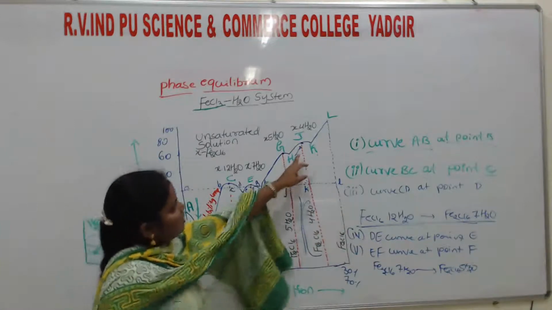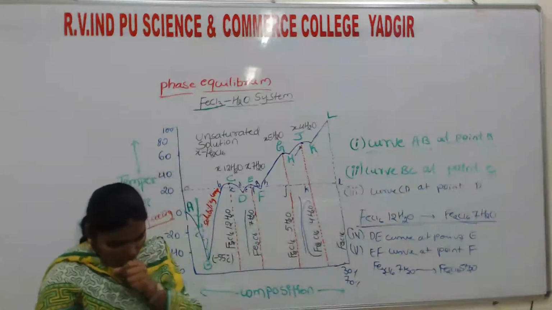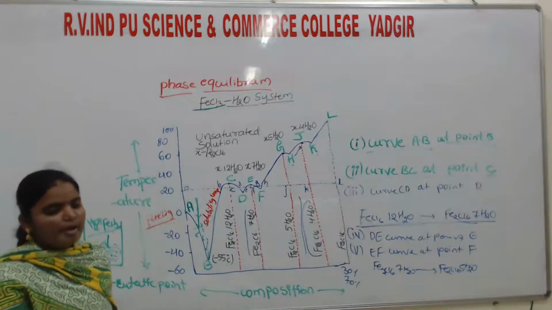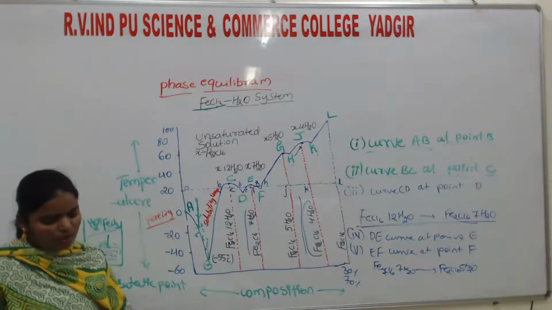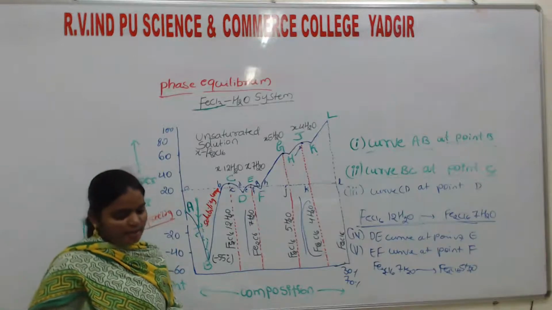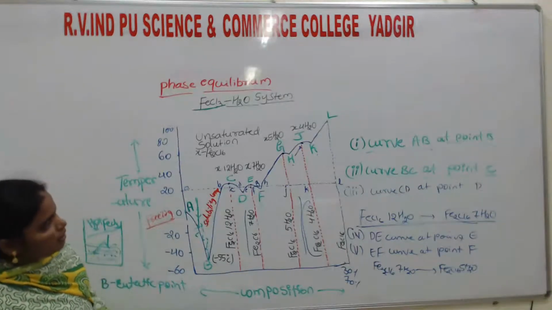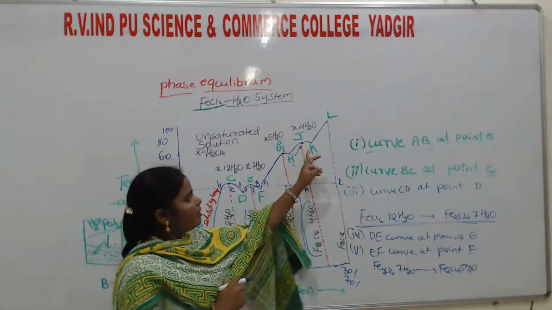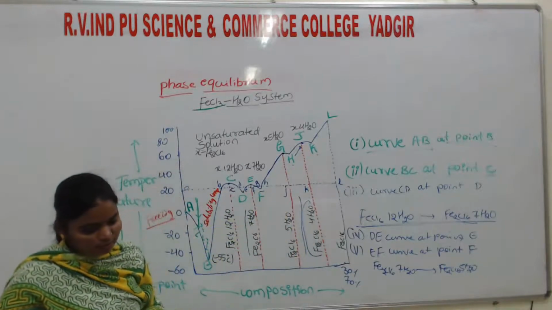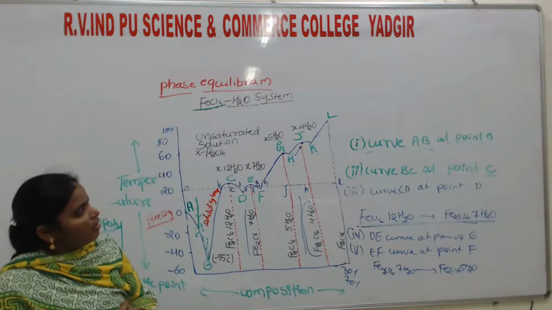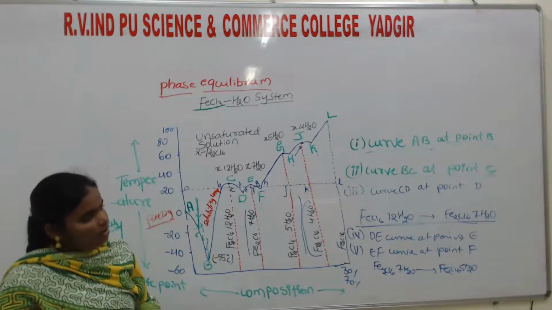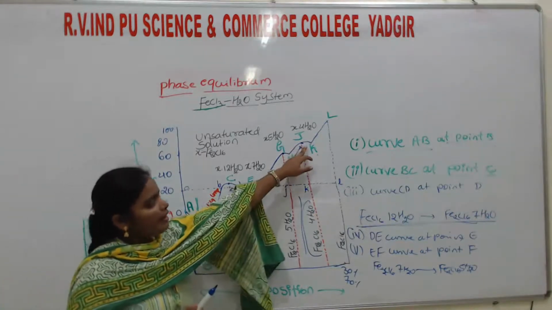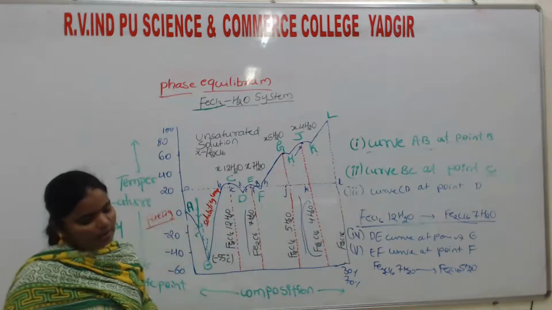Here the JK curve is the melting curve of Fe2Cl6·4H2O, and the point J is a point on it.